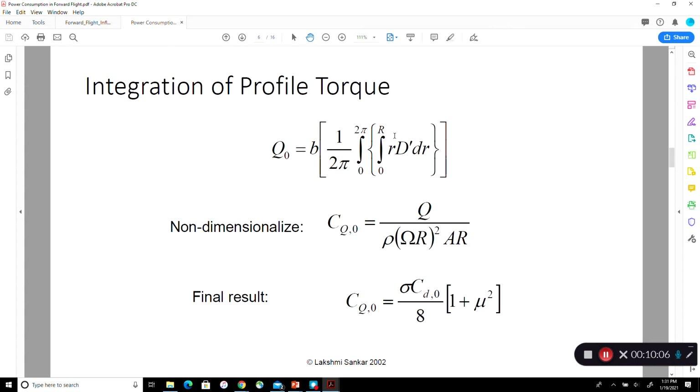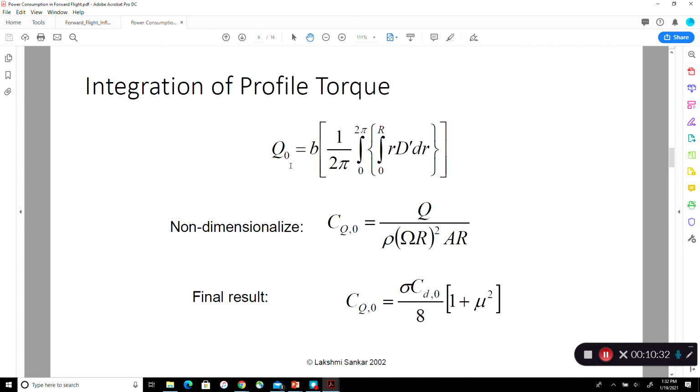In your homework number 2 and the quiz, we are doing the summation by numerical integration. Here we are doing analytical integration. This is just at one instance in time. So when you go around the azimuth, you just azimuthally average from 0 to 2 pi, integrate in d psi, then put 1 over 2 pi. This is just for one blade, multiplied by b.